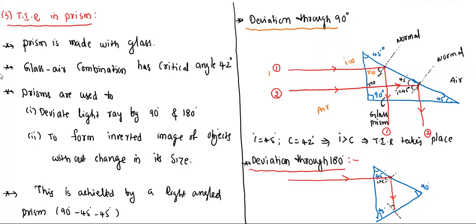Again this light ray undergoes total internal reflection, and it will go back like this. The light ray will come back like this.